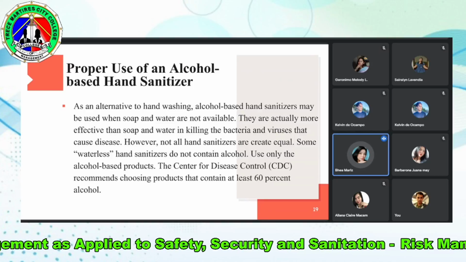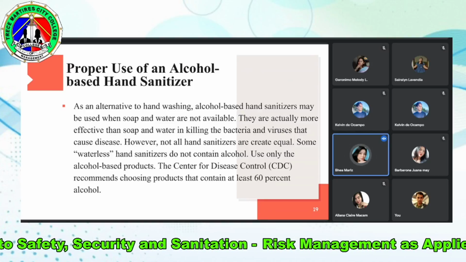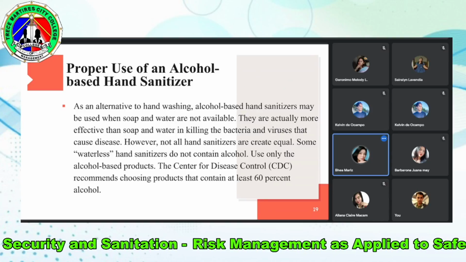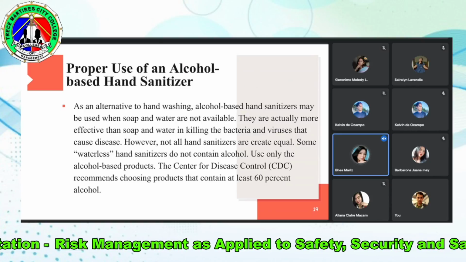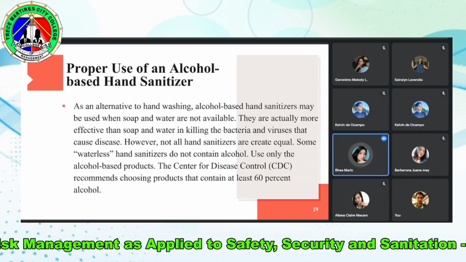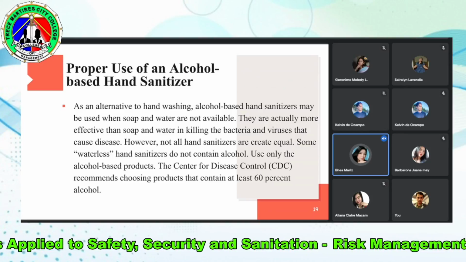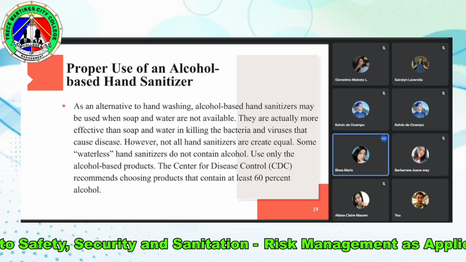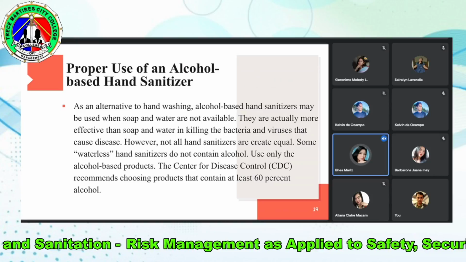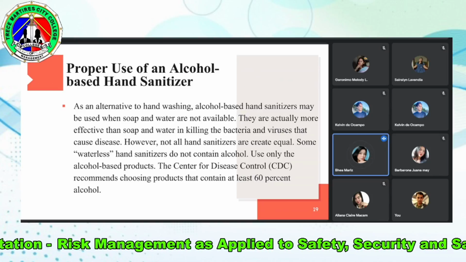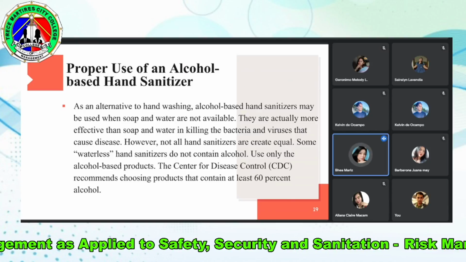Viruses po like norovirus daw po are also a problem po in the catering industry. Ang norovirus daw po ay ang pinakakaraniwan daw po sanhi ng sakit na dala ng pagkain natin. At ang norovirus naman daw po ay hindi pinapatay ng karamihan sa mga hand sanitizer. Kaya itong norovirus na nagdudulot po ng pagsusuka at pagtatae ay isang malubhang nakakahawa na virus.